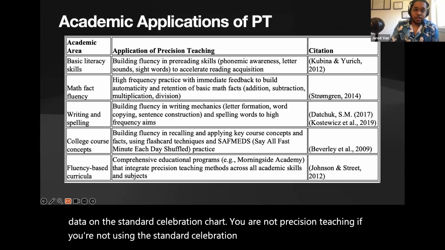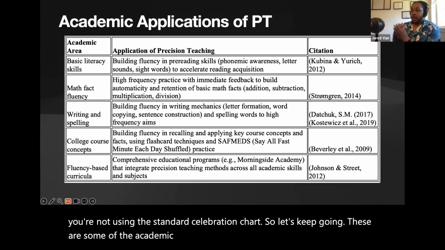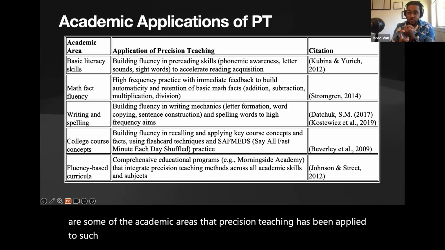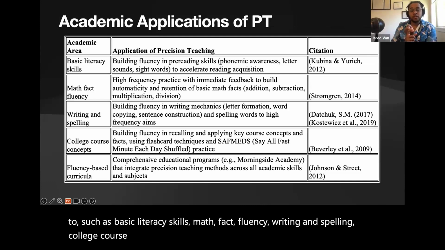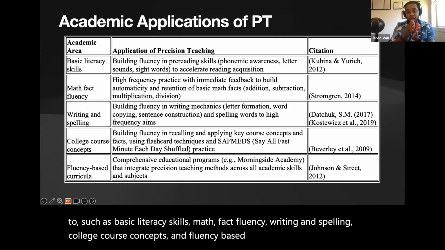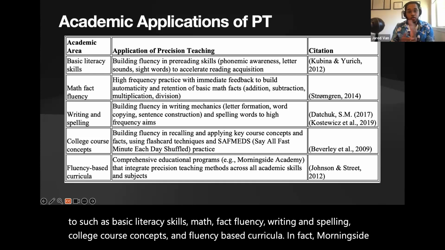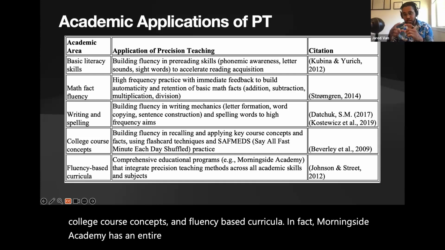So let's keep going. These are some of the academic areas that precision teaching has been applied to, such as basic literacy skills, math fact fluency, writing and spelling, college course concepts, and fluency-based curricula. In fact, Morningside Academy has an entire curriculum with precision teaching embedded into it.